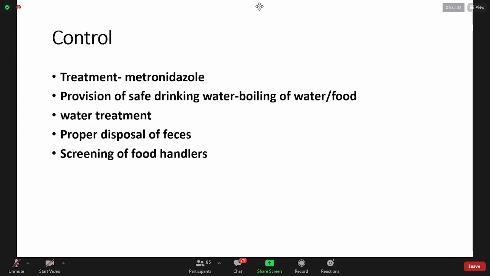The control of amoebiasis. The disease can be treated using the drug metronidazole or Flagyl, and we have seen that the parasite is transmitted through drinking contaminated water, so boiling of water or food can control the infection.